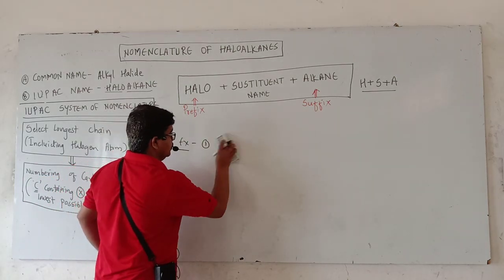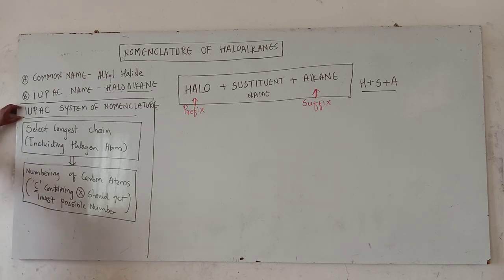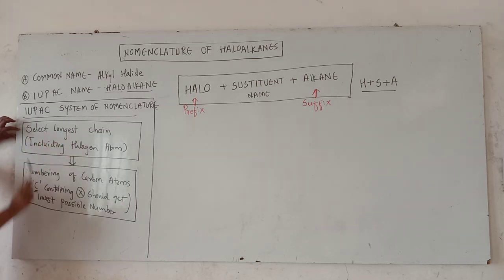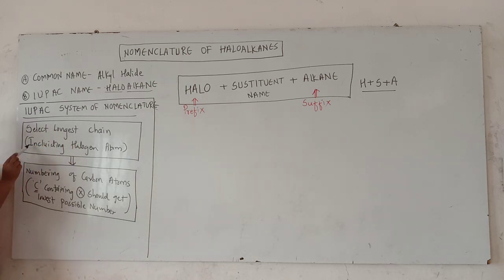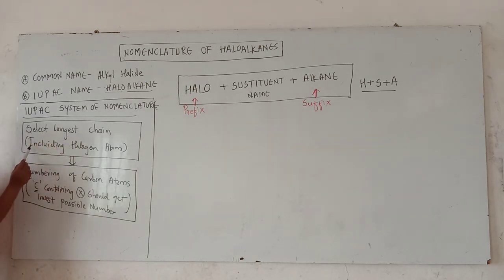For this, we have to follow some steps. For the IUPAC system of nomenclature, first what you will do? Select the longest chain. While selecting the longest chain, you must take care that it includes the halogen atom.